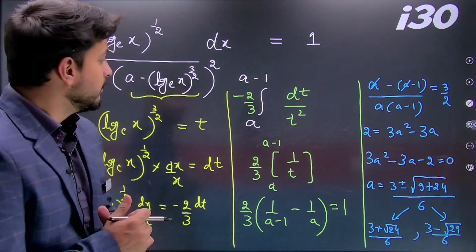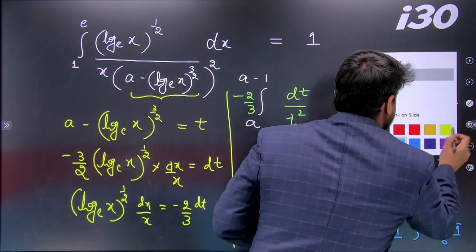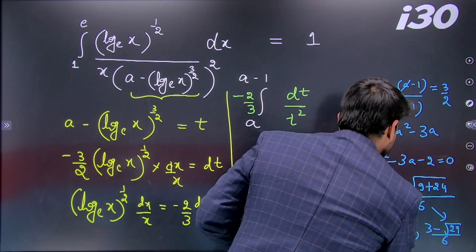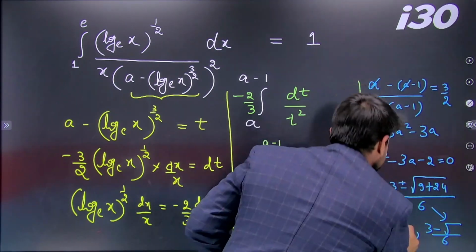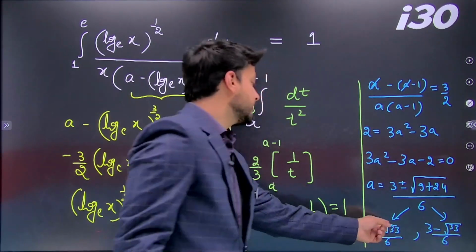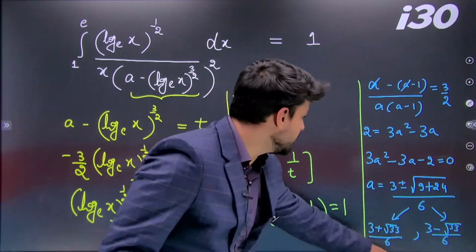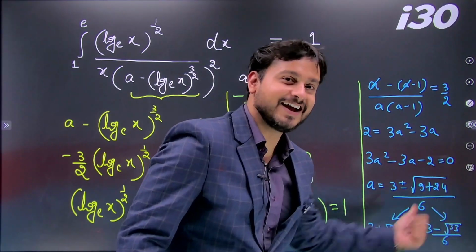Yes, fantastic. So root 24 is a value slightly less than 5. 3 plus 5 by 6 is going to be more than 1, and 3 minus 5 by 6 will be a negative value.